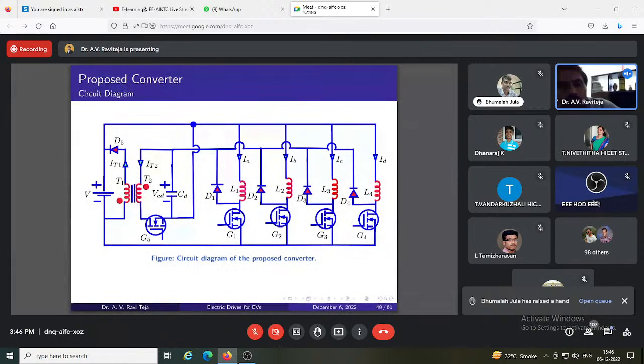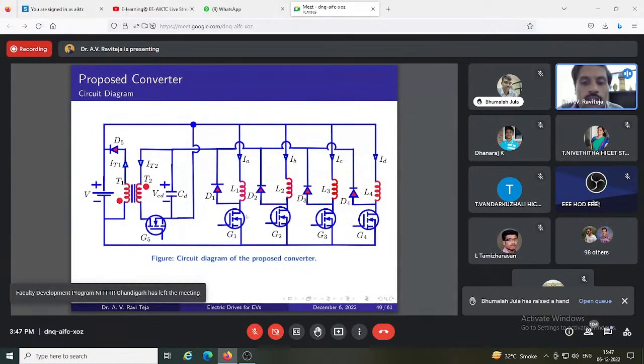Based on these, we proposed this converter as shown in the circuit diagram, where you can see L1, L2, L3, L4 are the windings of the four phases of the SRM, and we use only one switch per phase. Additionally, we need only one switch extra. So this we call an N plus one switch converter for an N-phase SRM.